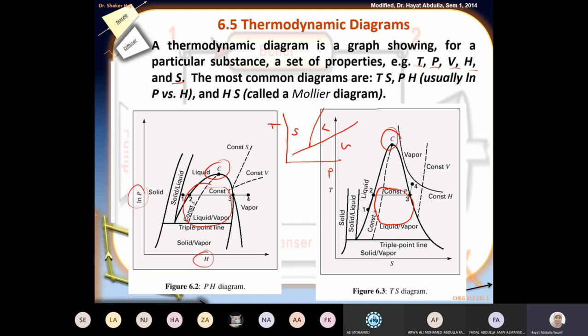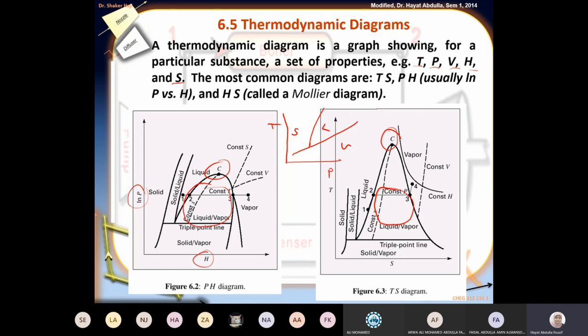I'm just highlighting the most important things with the diagrams, to make sure that you get an idea of why those diagrams are useful. Generally speaking, whenever you have two properties, for example the pressure and enthalpy, you can define the phase and get other properties accordingly.